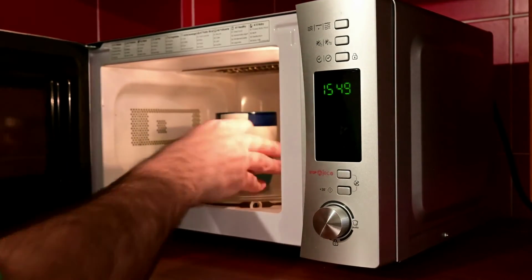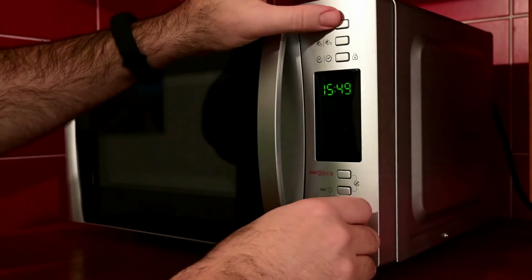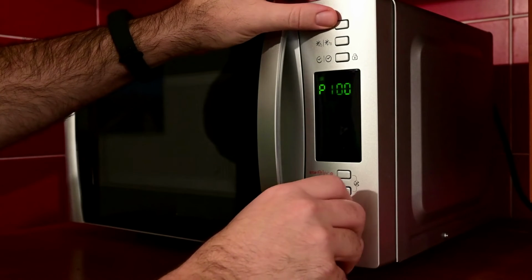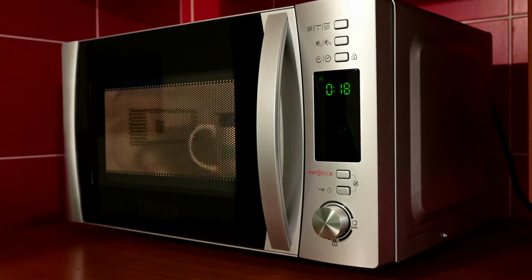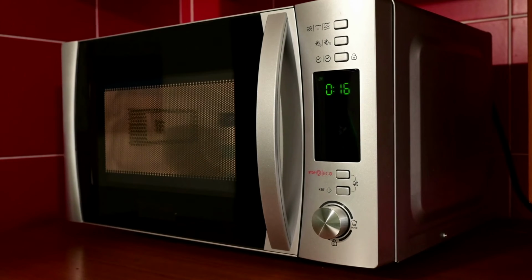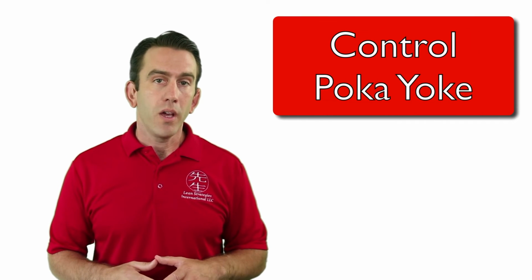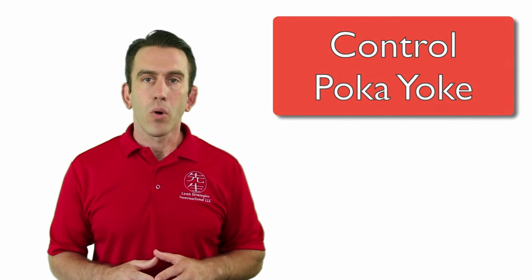The microwave will not turn on unless the door is completely closed and the start button is pushed. It could be very dangerous if a start button was pushed and the door was still open. This type of poka yoke is known as a control poka yoke, located at the source.